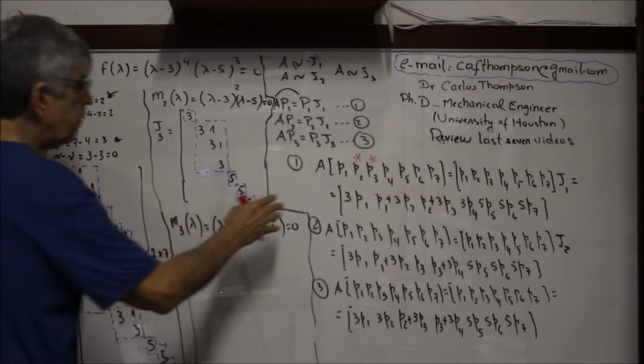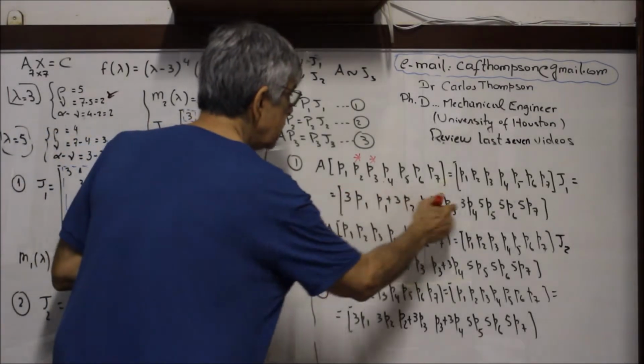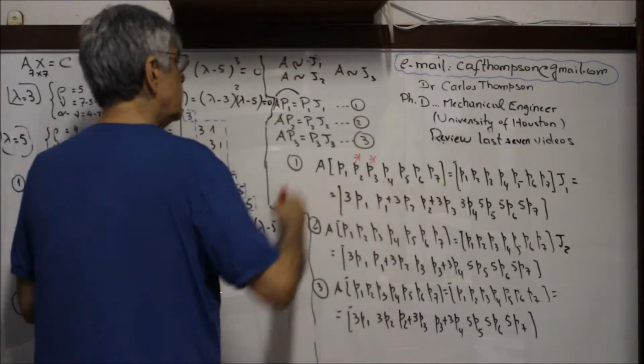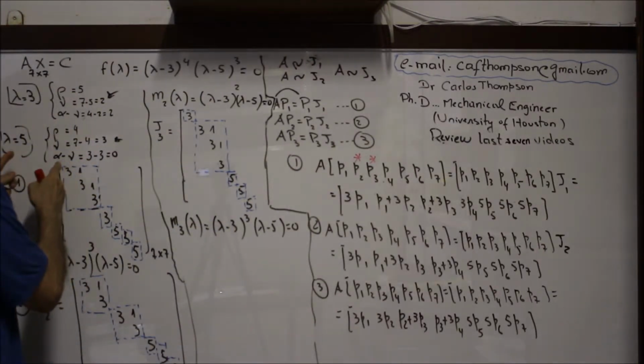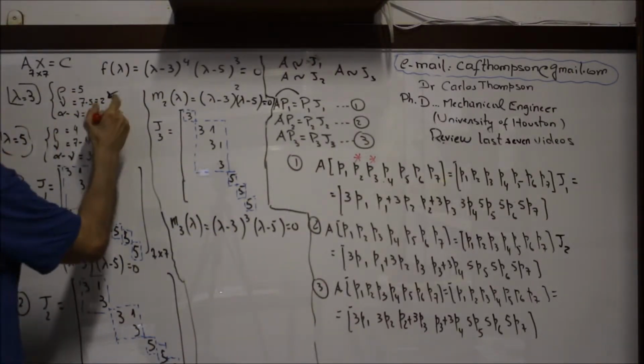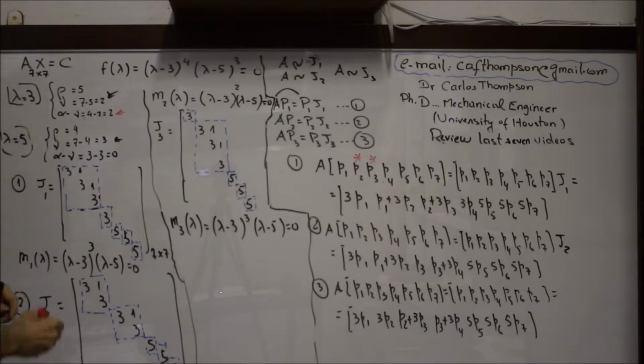Then P2 and P3 correspond to the two solutions. You see, the two solutions here are generalized eigenvectors.